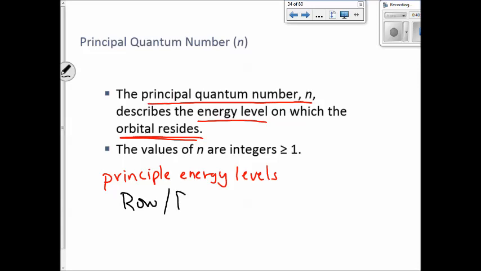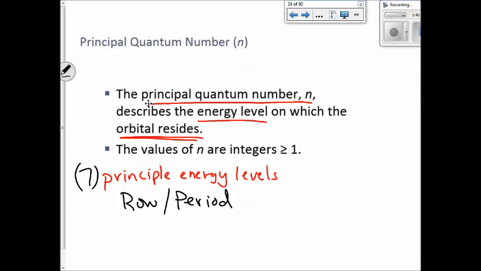Row, slash period. How many rows or periods do we have? 7. So there are 7 principal energy levels. Now remember our periodic table method: the s's and p's are equal with their principal energy level rows. The d's and the f's are off a little bit, but we'll talk about that in a minute.